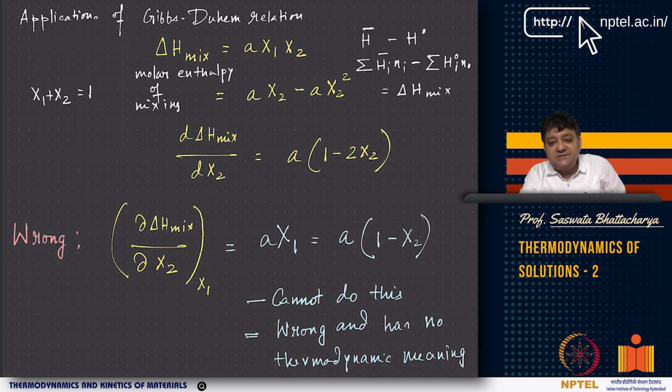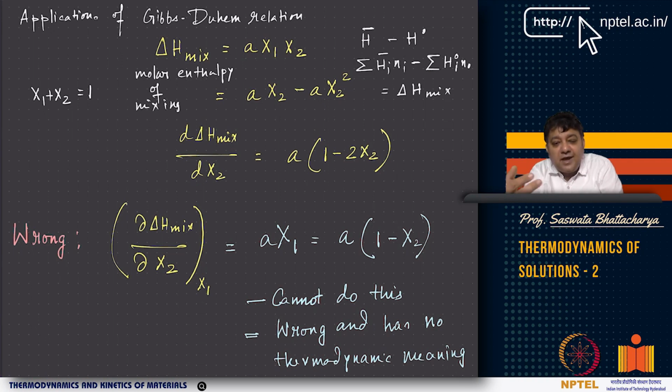But in the other case, dn1 plus dn2 equals dn. So basically we cannot use a partial derivative, because we cannot fix x1 and change x2; every time I change x2, x1 changes.